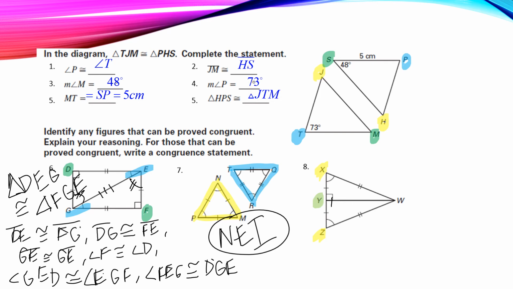Okay, then W is the same, or we can assume that it's the same because Z and X are the same, Y is the same, so W has to be the same in both triangles as well.